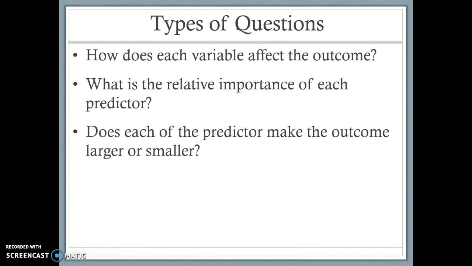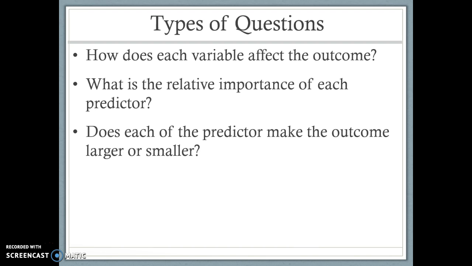Okay, so these are some of the types of questions we've talked about. How does each variable affect the outcome? How do the variables affect the outcome in relative importance to each other? So when we looked at those standardized beta coefficients, which one influences the outcome more than the others? And then, what is the magnitude of that effect?